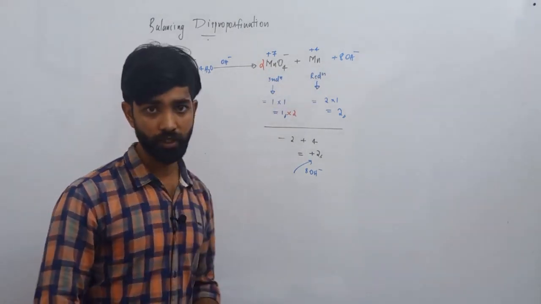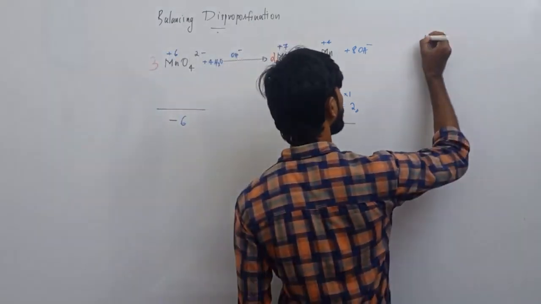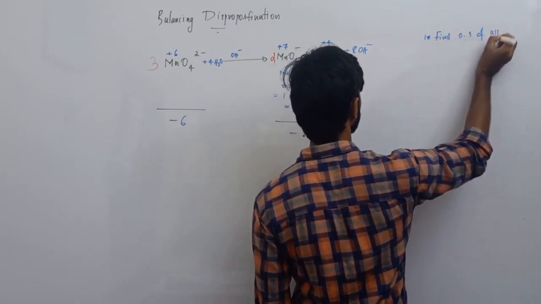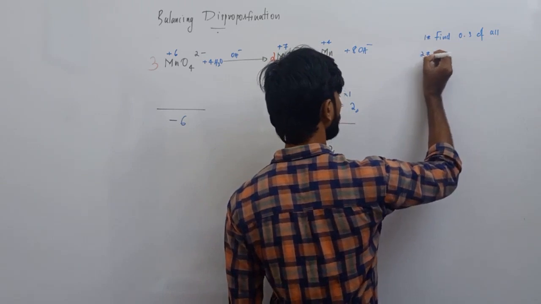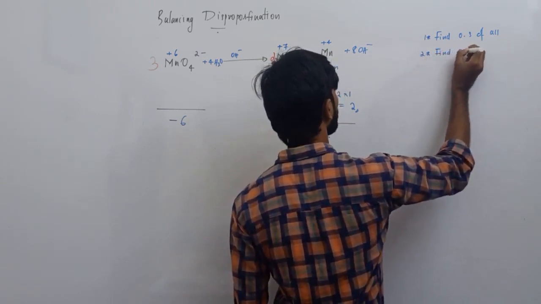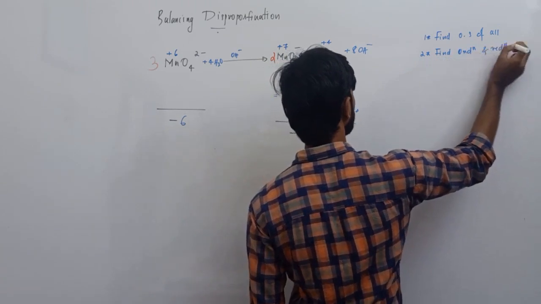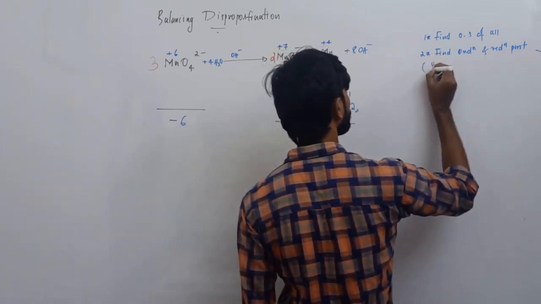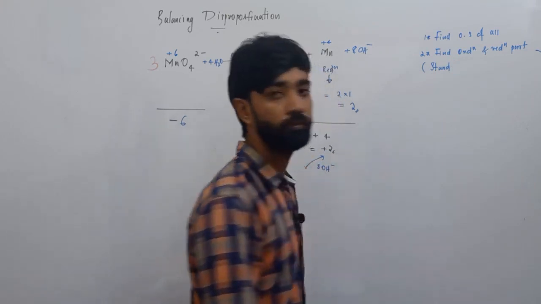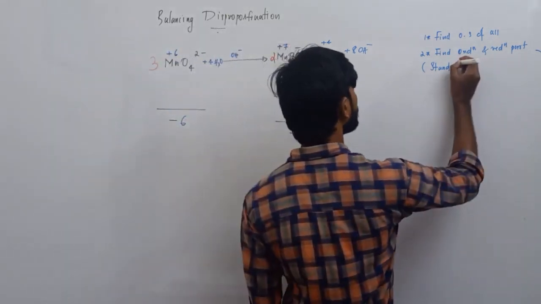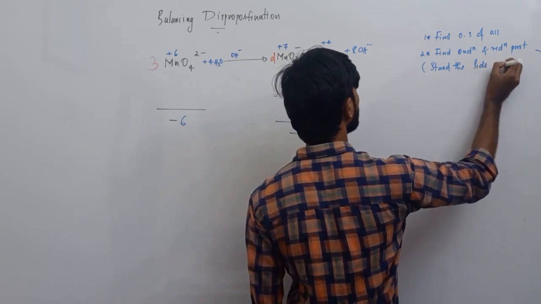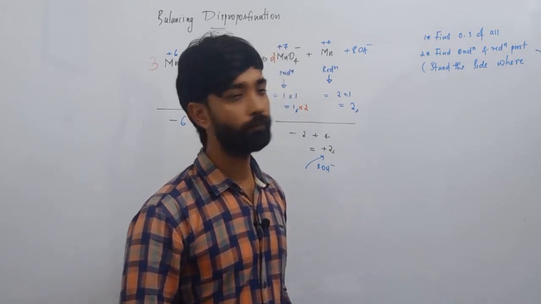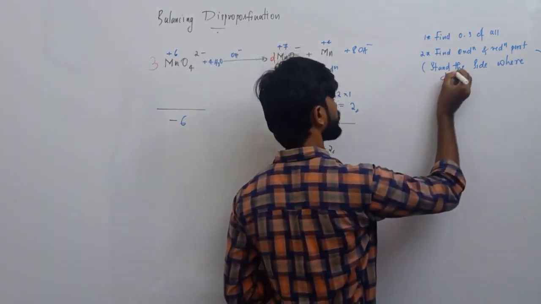We can do more and more examples. Simply the steps are: first, find the OS of all. Find the oxidation and reduction parts. Stand on the side where different OS exist.